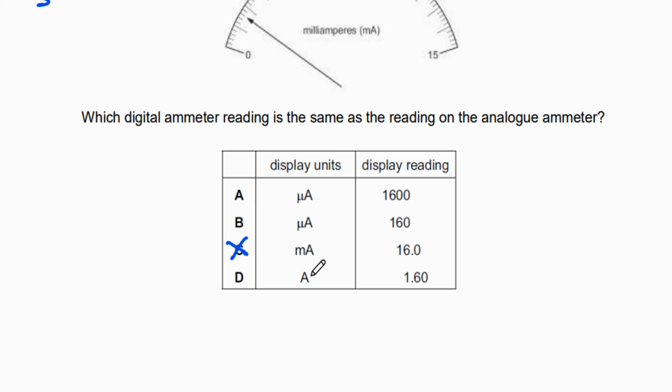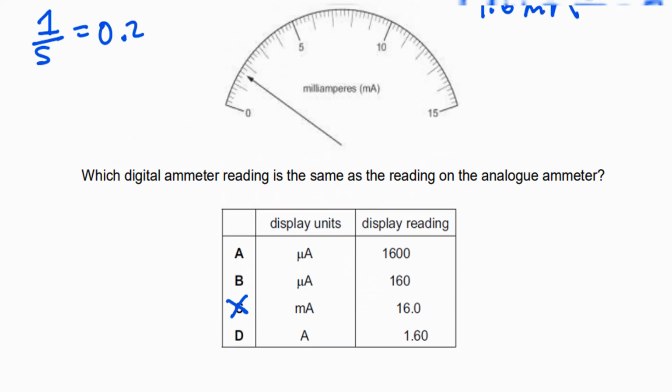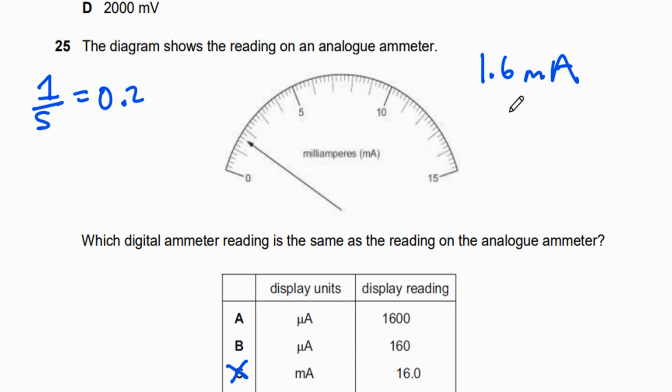Let's consider D. In D, the reading is given in amperes. So let's convert milliamps to amperes. We know that 1.6 milliamps will be 1.6 times 10 to the negative 3 amps. So we have to divide the 1.6 by 1,000.